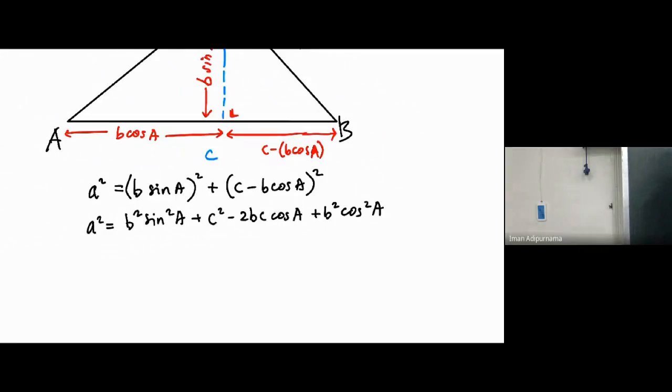Now we have b squared sine squared A and b squared cos squared A. Sine squared plus cos squared is 1, right?